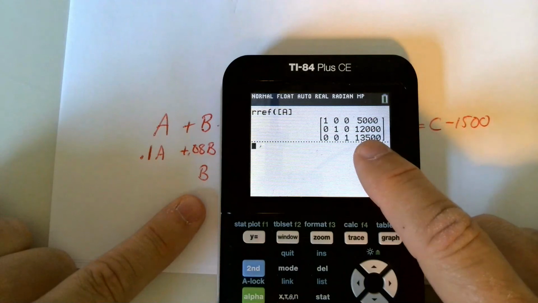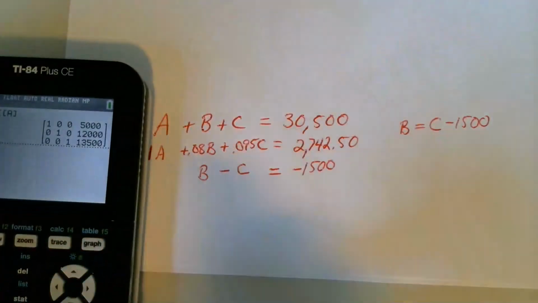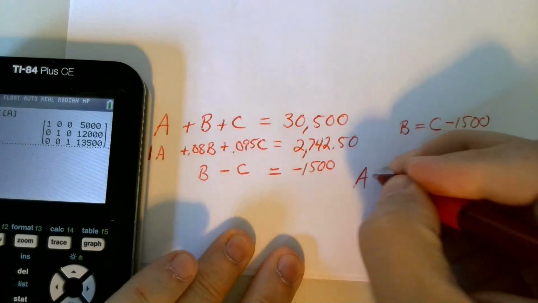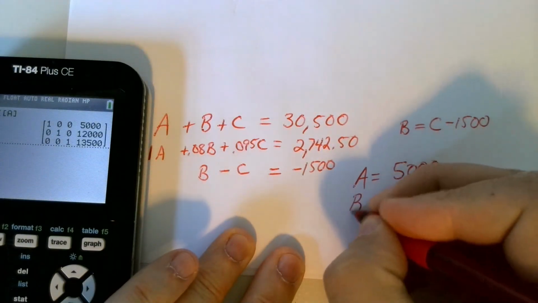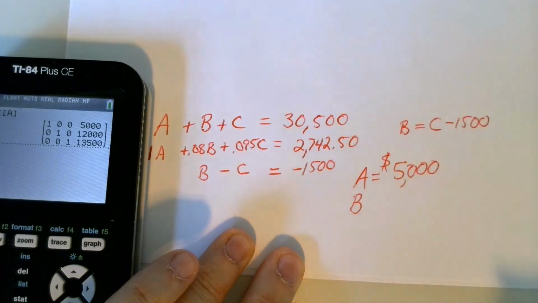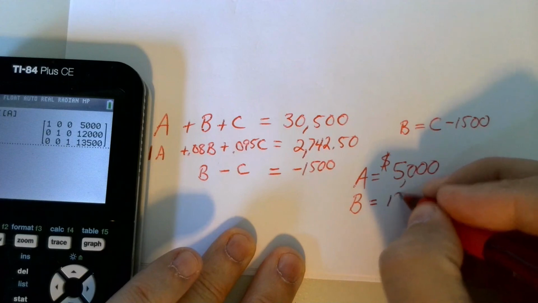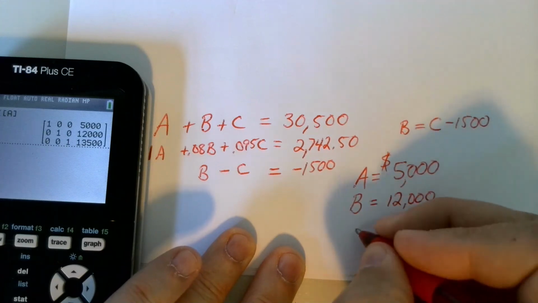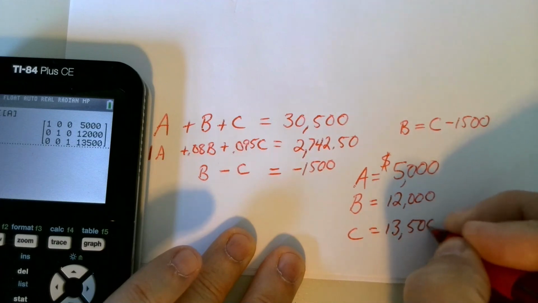So it looks like my investments were 5,000, 12,000 and 13,500. So in A, I invested $5,000. In B, actually I didn't. Savannah did. Good job, Savannah. B, 12,000. In C, $13,500.